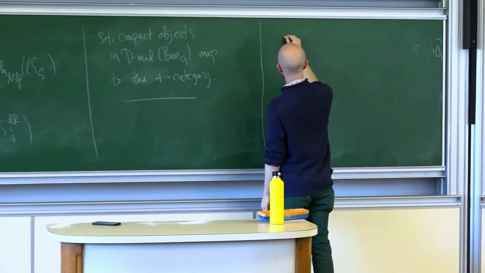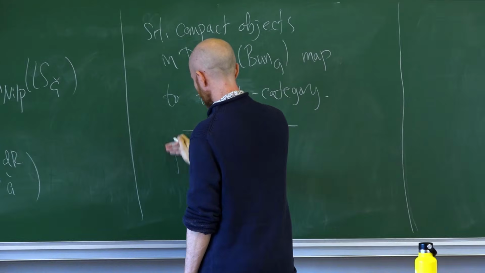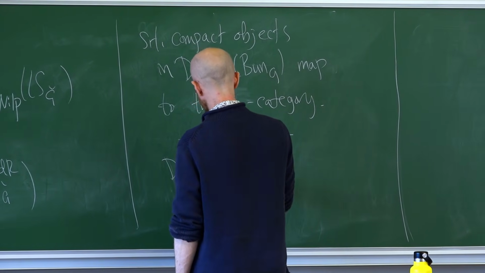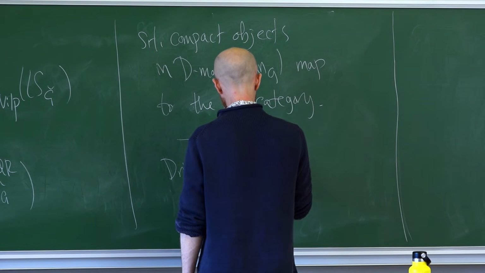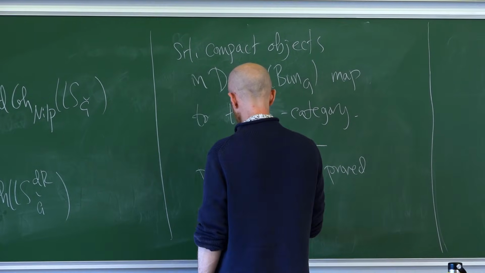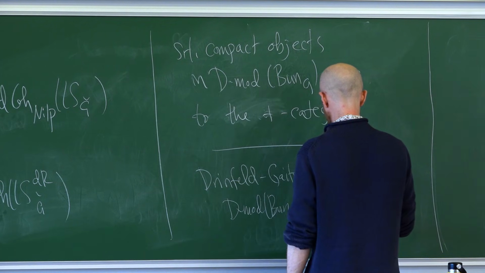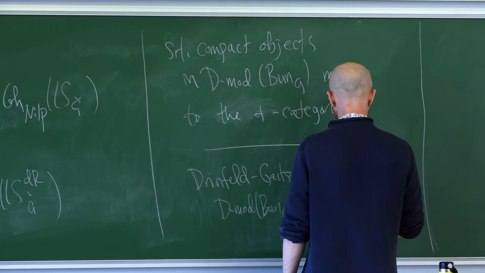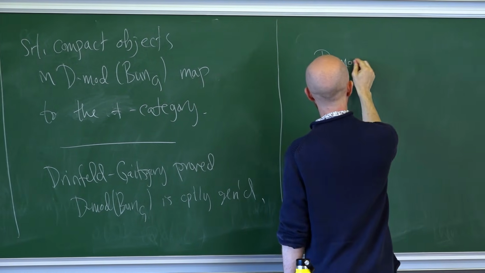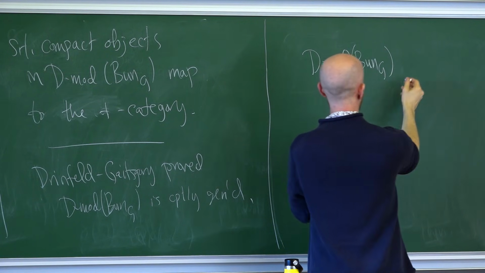So let me give a little bit more discussion. Let me say first that Drinfeld and Gaitsgory proved that D-modules on Bun-G is compactly generated, which is a more serious theorem than it maybe sounds. Now what I'm saying is the following.